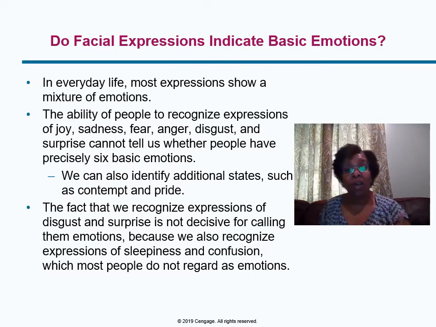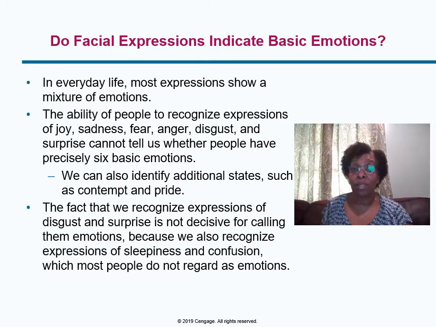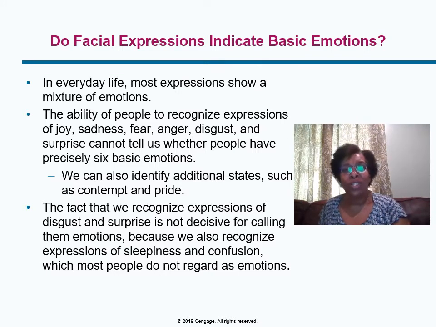Another thing to look at is the ability of people to recognize expressions of six emotions, but that could not tell us whether people have precisely those six basic emotions. People can, with a little less accuracy, identify expressions like contempt, which is a little different from disgust.